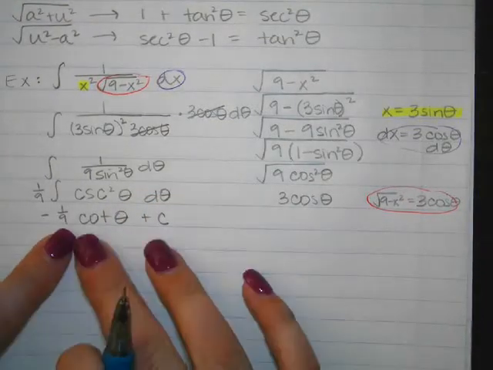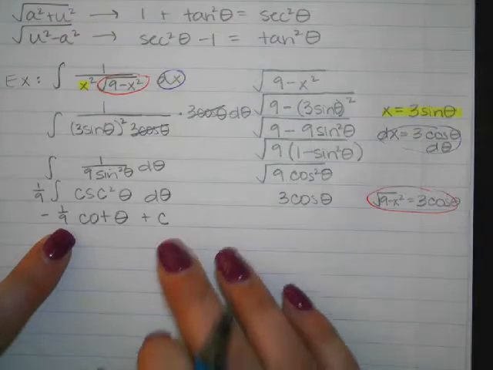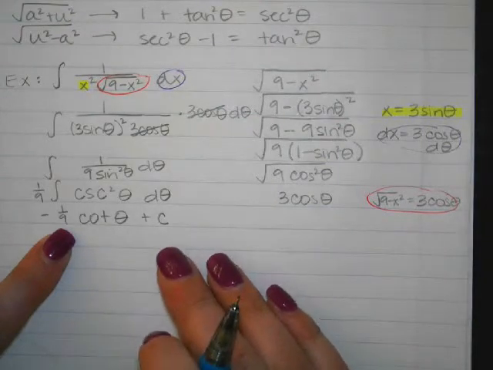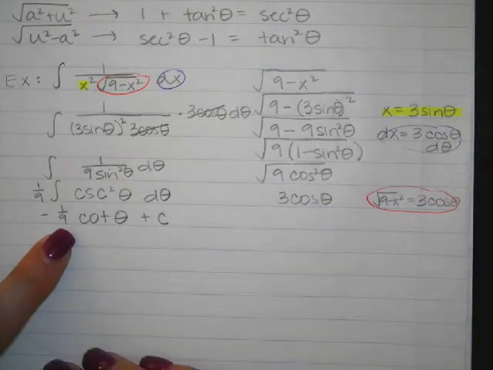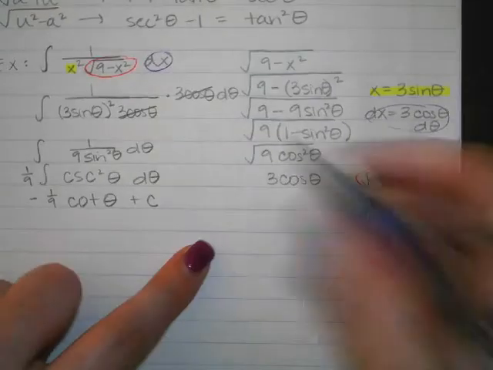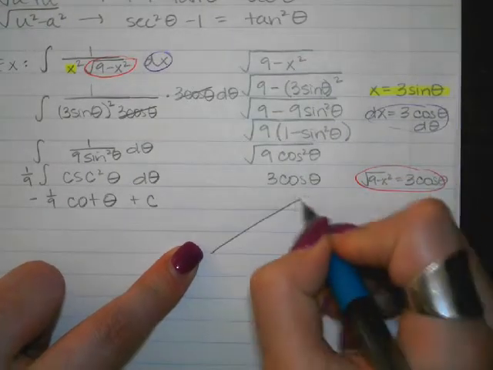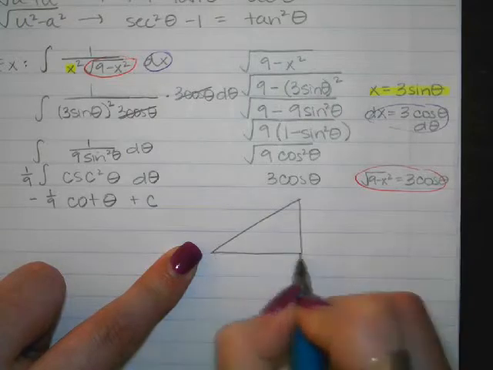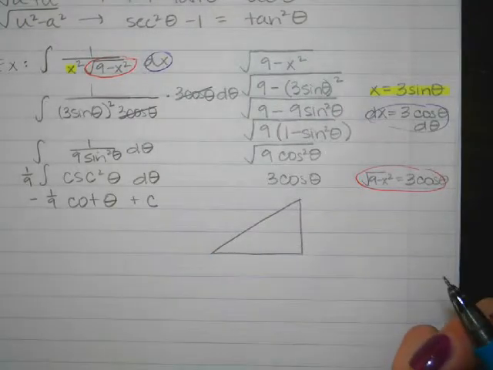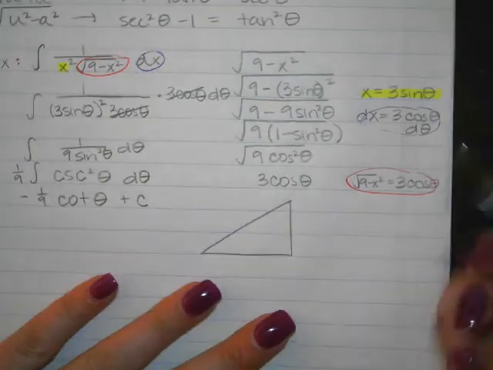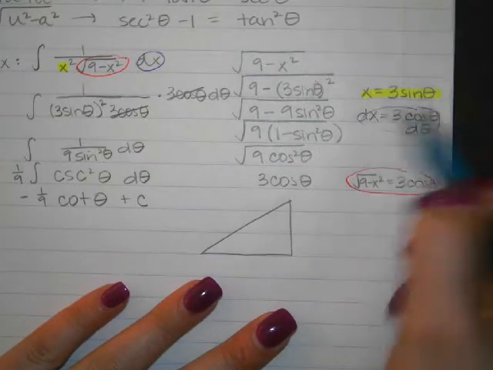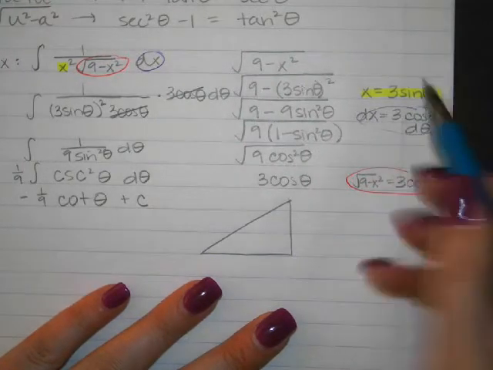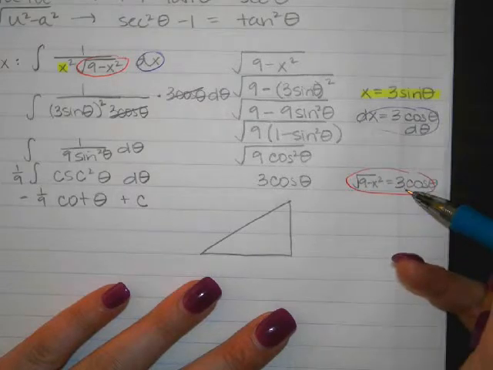Now, we have found the answer, but our answer is in terms of theta, and we need our answer to be in terms of x. So what we do is we draw a triangle, and we label the information that we have. You can use this part and this part, and it's going to give you different sides of the same triangle.